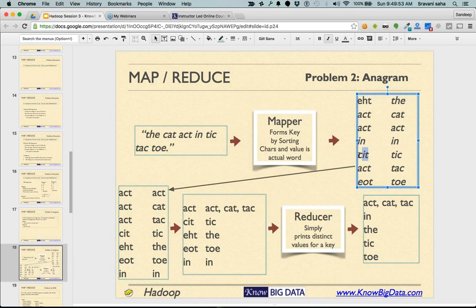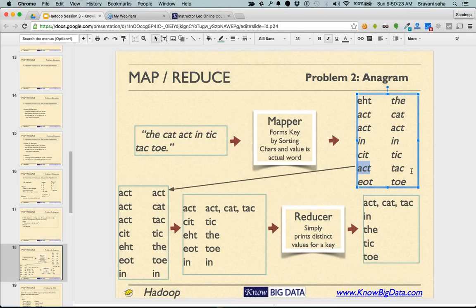This is alphabetic, the way it appears in the dictionary. The characters have been rearranged such that they follow an alphabetic order. The idea is it's not necessary to have this alphabetic ordering. It could be reverse also.